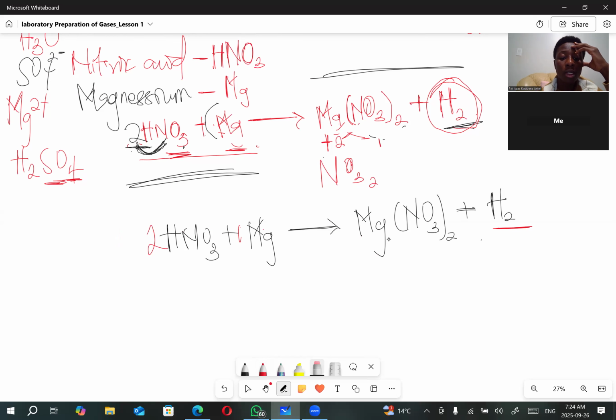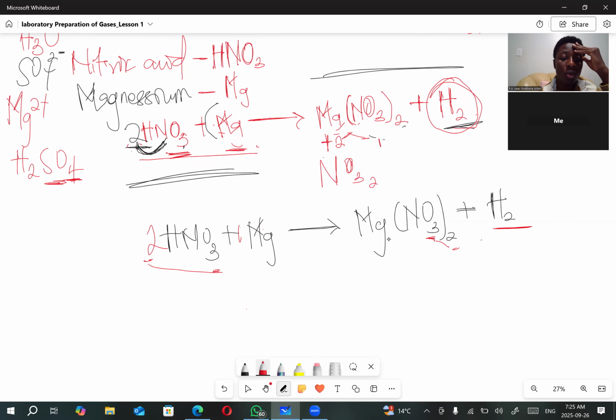So now hydrogen is 2. Let's balance oxygen next. Oxygen is 3 here, right? But 2 is outside and they multiply, so that'll be 6. Now, oxygen here is 3, but remember there are 2 moles here. It's HNO3 and 2 is there, right? So 2 multiplies, so it's also 6.